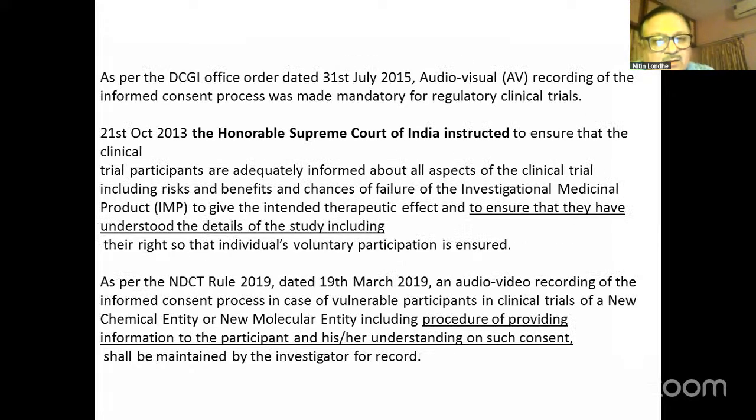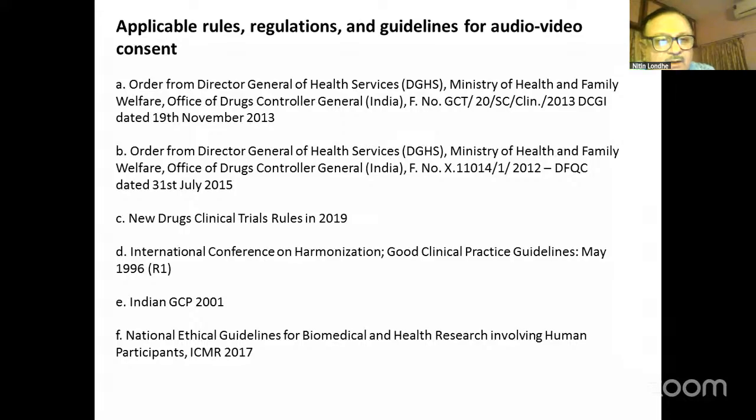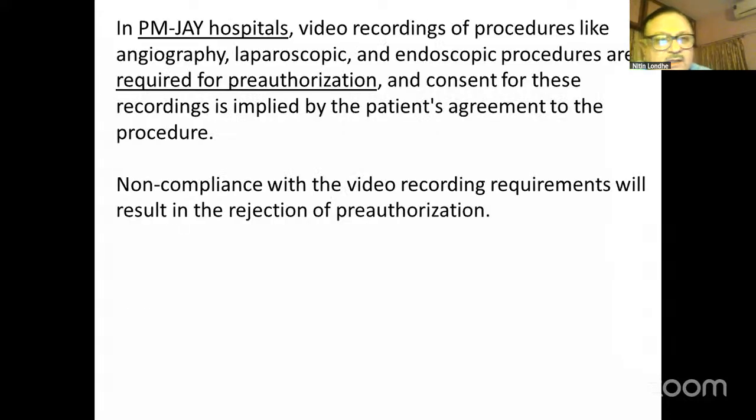The further detail is that, again, the same thing as what is standard for any operative procedure, the consent has to be an informed consent. It is more applicable to hospitals where the Prime Minister Jan Arogya Yojana is implemented, because in that it is mandatory to take audio-video consent for procedures like angiography, laparoscopy, endoscopic procedures, which require pre-authorization.